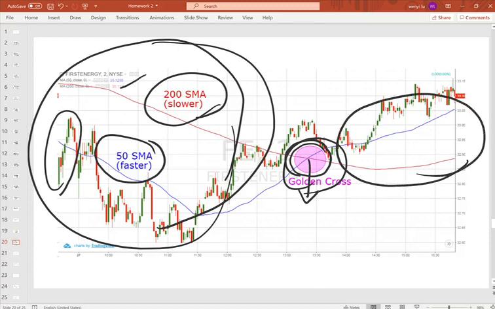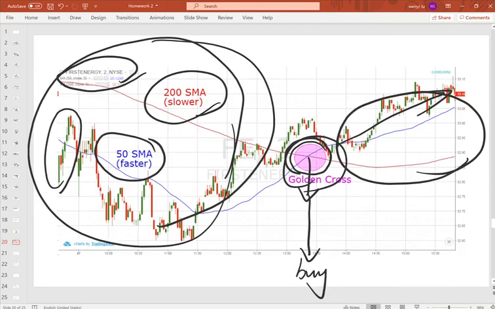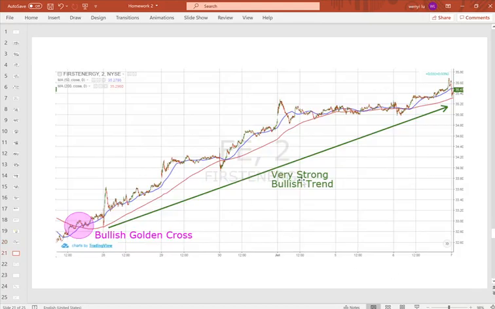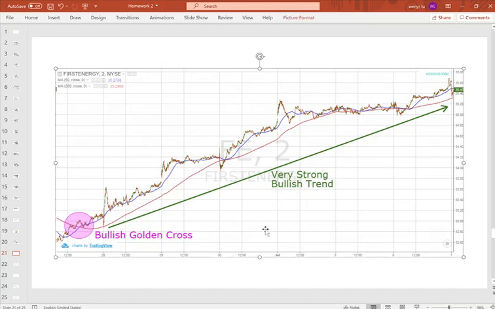So for this stock, after this golden cross, the price is moving up. It's a very good point to buy the stock. You can see the stock continue moving up after this golden cross point, showing an even stronger bullish trend for more than a few days.